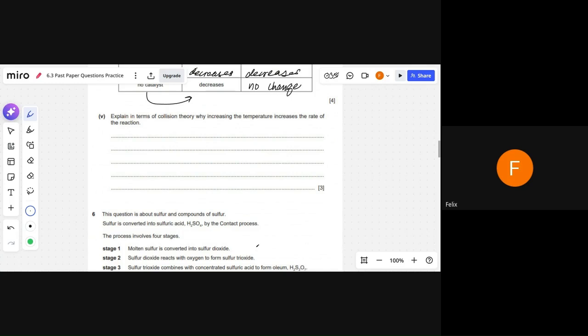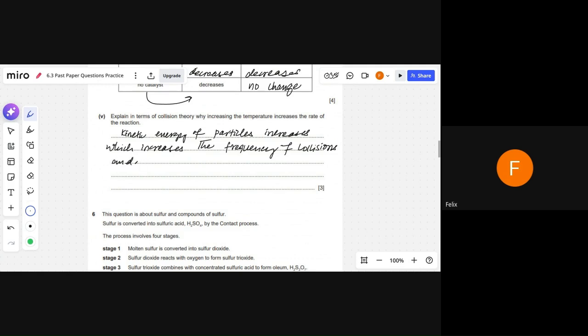So we know that increasing temperature increases kinetic energy, right? So kinetic energy of particles increases, which increases the frequency of collisions, right?